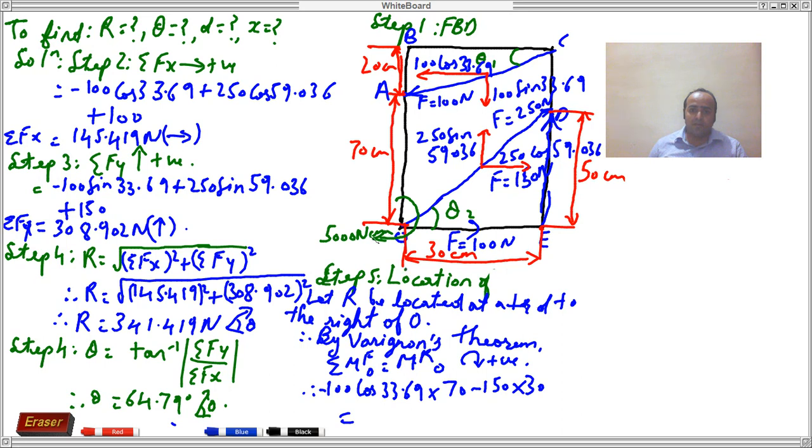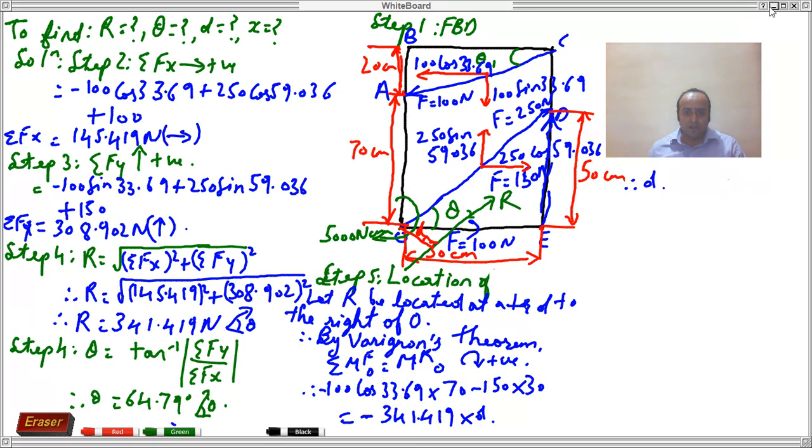What we have assumed is the resultant R will be acting like this, and its perpendicular distance d assumed is like this. You can write it d over here. So again, resultant is also causing the body to rotate in anti-clockwise sense. That is why writing as minus R, that is 341.419 into d. Now friends, I'll be continuing over here. Therefore, now what is d? Let's just do the calculation of it.